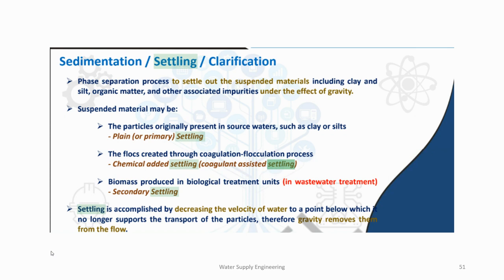So for settling, what we mainly do is reduce the velocity of flow to a level at which the water won't be able to carry the load in suspension. So gravity pull will be more and then it starts settling.